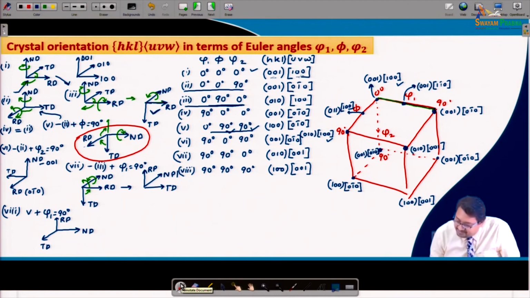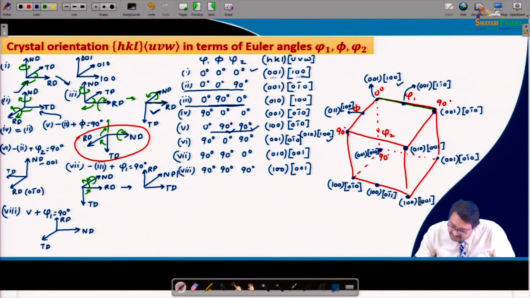So, like that one can find out the components in between this, in this line which is parallel to phi 1, right. So, you see in here also it is the ND component, because the 1 0 0 which is the ND texture remains the same. So, 1 0 0 remains the same, whereas the rolling direction changes from 0 1 bar 0 to 0 0 1. So, this is 0 1 bar 1, right, addition of these two.